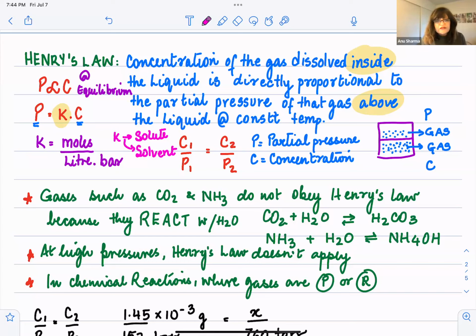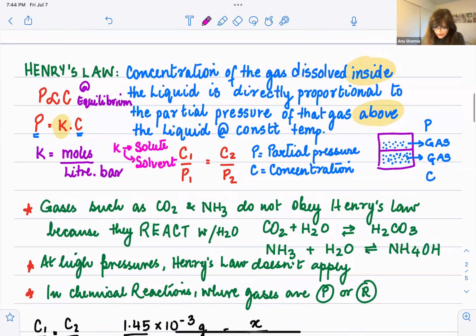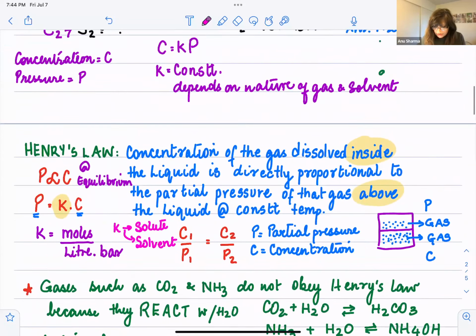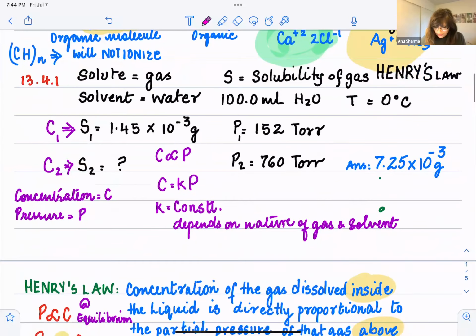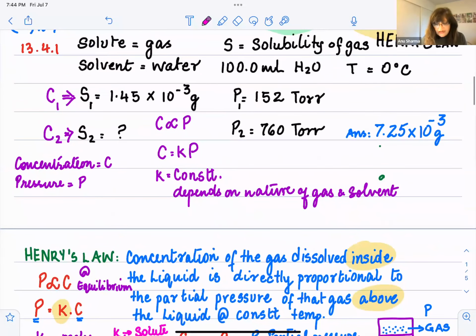Its units are moles per liter times bar, the unit of pressure. So here, concentration is directly proportional to the pressure of the gas. In general terms, the more pressure you put in a system, the more it is going to be dissolved.